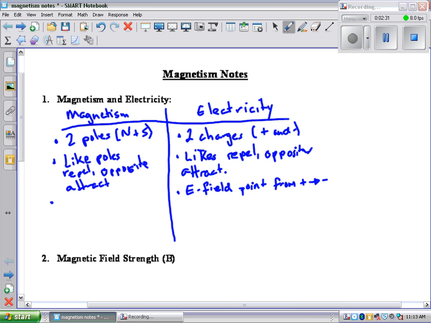We also have magnetic fields, and they point from north to south. And they're going to look very, very similar. I could draw a positive and a negative here. And if you remember, the way the electric field looks for that, they come out of the north and curl around and bend into the south.